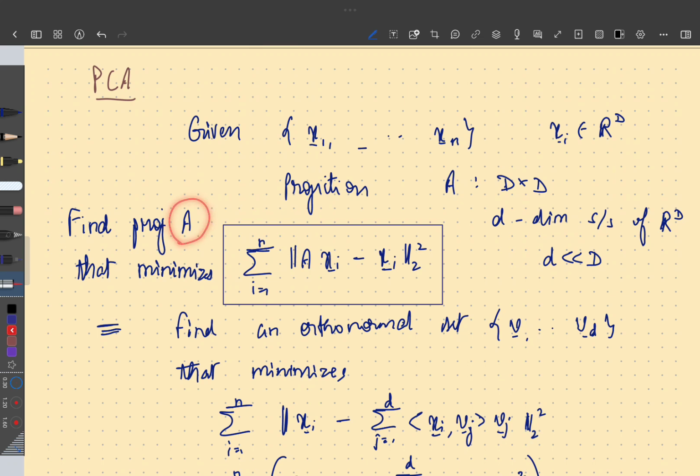So we want to find a projection matrix such that, if you take A times xi, which is a projection of xi down to the lower dimensional space, we want to minimize the sum of the squared errors between the projections and the original data points. Right?